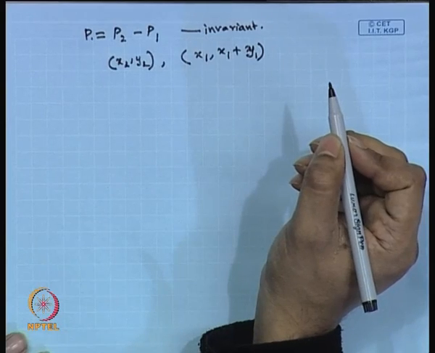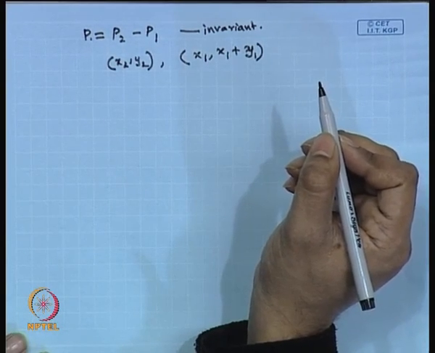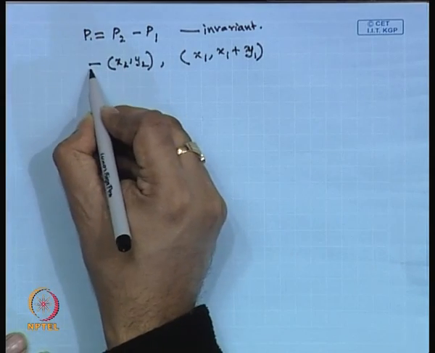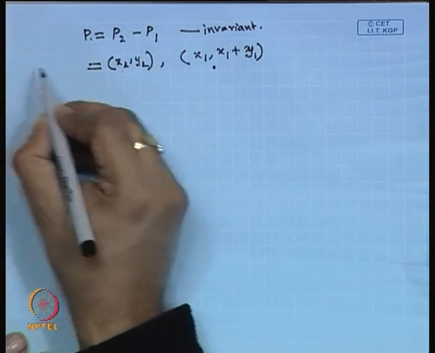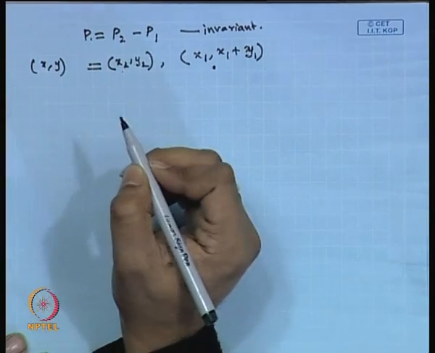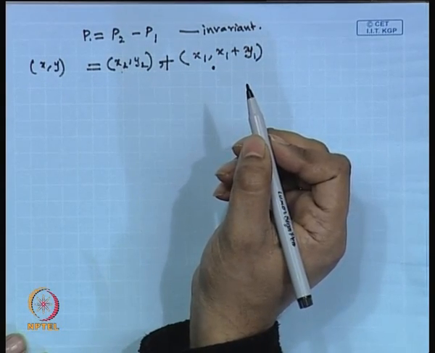Minus of P1 is equal to (x1, x1 plus y1), right. So, the sum of these two, (x2, y2) and (x1, x1 plus y1), is nothing but (x, y), right. So, this is the sum of these 2 points, right.